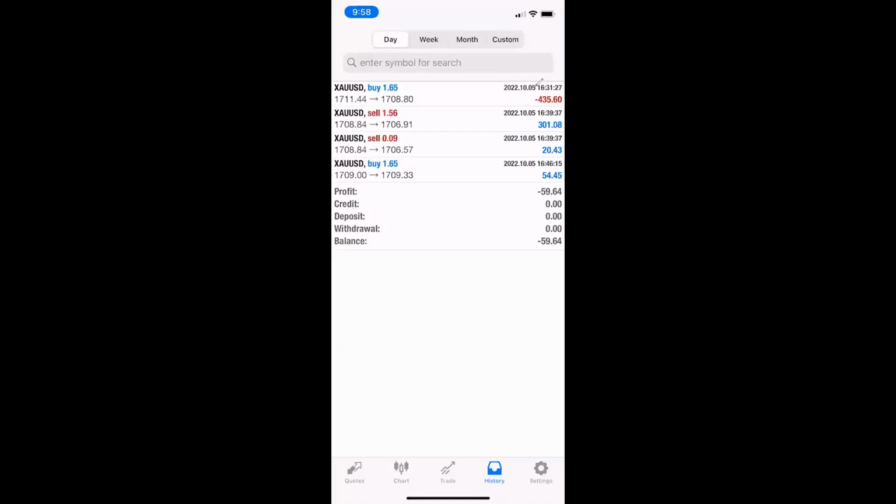So as you can see, I bought thinking that price was going to buy from that point, but it actually sold and tested that area and swung like I thought. So I bought too early and suffered a $435 loss. The reason why I did this is because I want to let you guys know that even a good trader like me suffers losses.